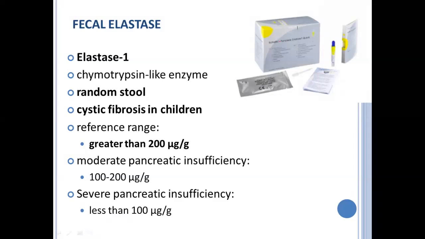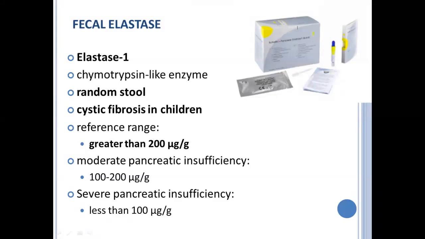So, this survives in the intestine, and this is around 5 to 6-fold concentrated in the stool. Kaya ang specimen natin dito ay stool. So, this will also detect cystic fibrosis in children. So, normally, nakikita ito sa stool. Mataas siya sa stool.